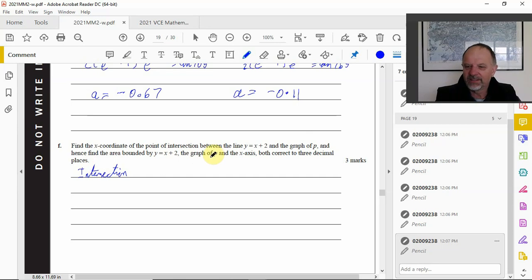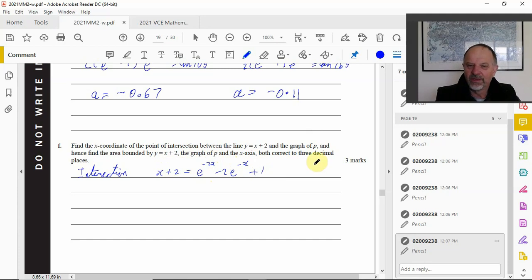We're wanting the intersection of the line y equals x plus 2 and the graph of P. So that would be when x plus 2 is equal to minus 2x minus 2e to the minus x plus 1.